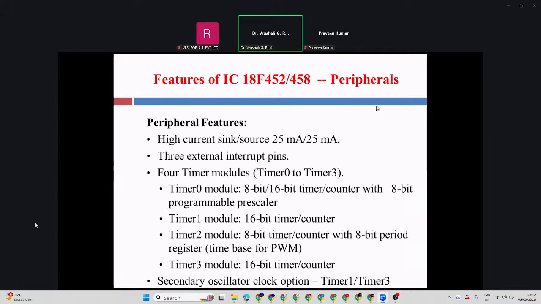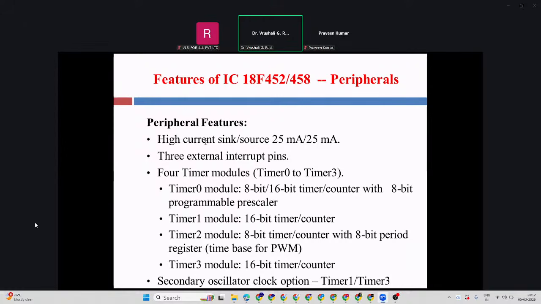Okay, then. Now, the other features which we are going to check are related to peripherals. The peripherals are the things which we can connect to our microcontroller. So, depending on their requirement, how the peripherals' requirement can be satisfied by this microcontroller, that we are going to check. So look here.